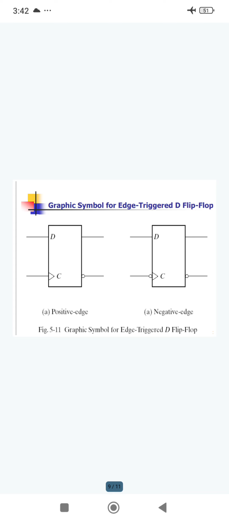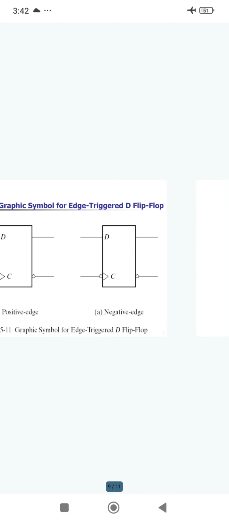In this position, this is a clock edge. In the negative edge case, D is the input, but the clock is in the negative, downward direction. That's why it is denoted with a complement. The knot is represented as a complement. The output is Q, and the other output is Q bar.